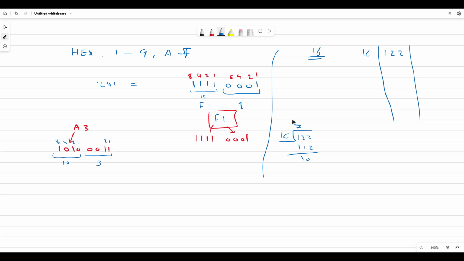Now 7 divided by 16 gives 0, and the remainder is 7. We write them from bottom to top, so we write 7, and the letter corresponding to 10 in hexadecimal, which is A. So we get 7A, which equals 122 in Denary.